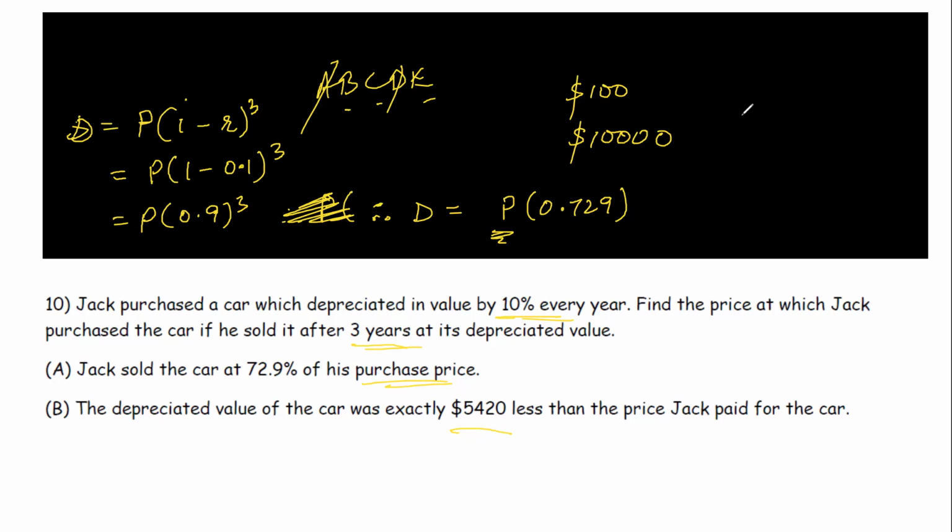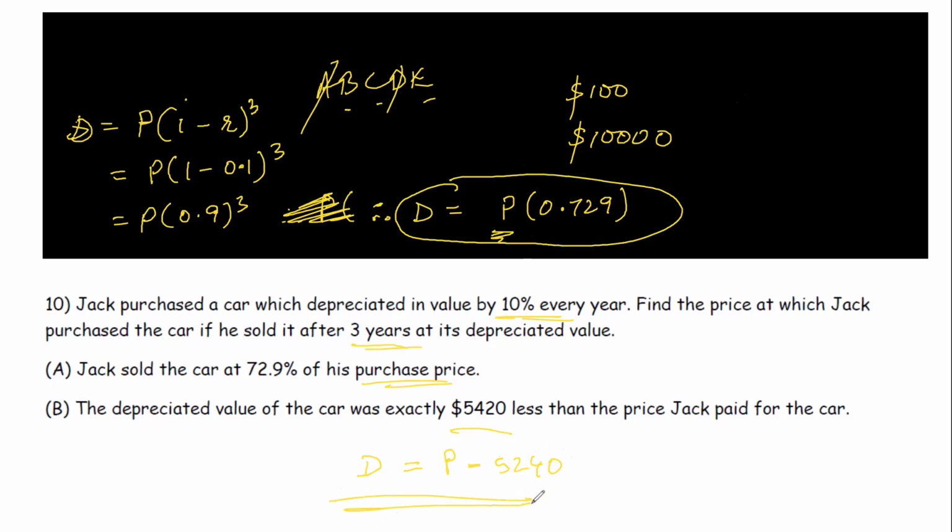So suppose this is our depreciated value, then this D value was exactly 5420 less than the purchase value. Correct? This is what the expression means.